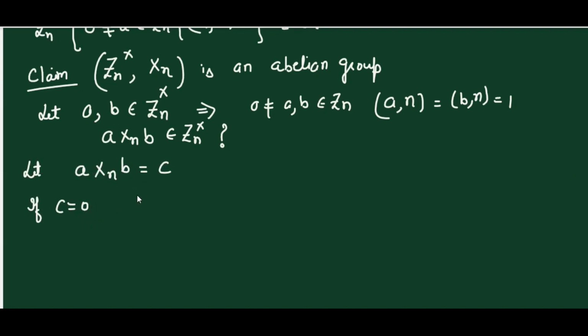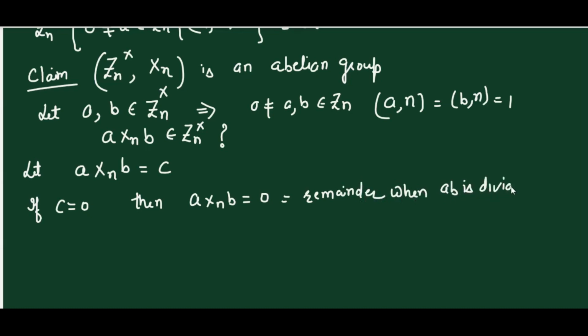Okay, if c is 0, then a combined with b is 0. This means this is the remainder when AB is divided by n.